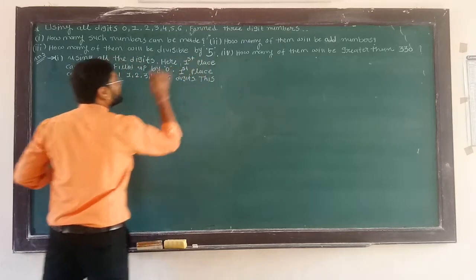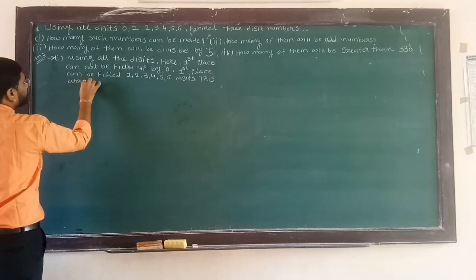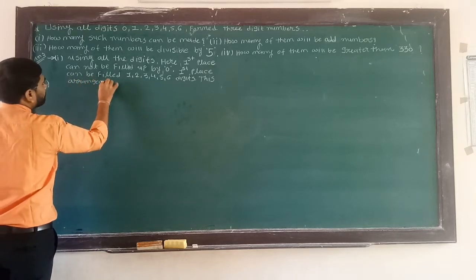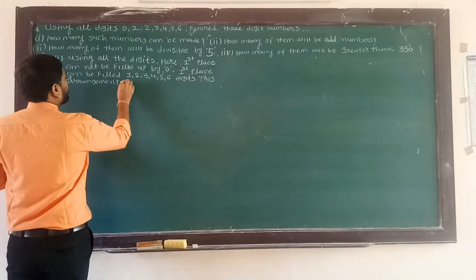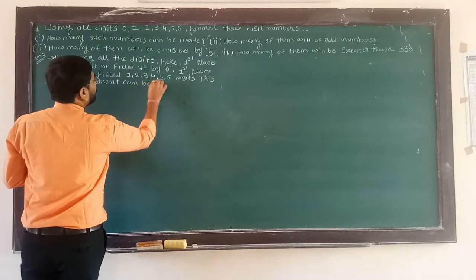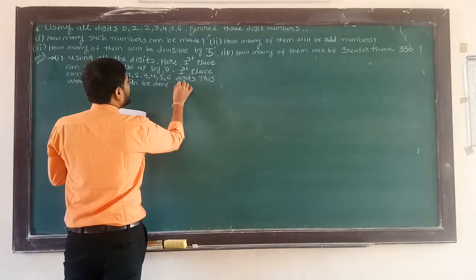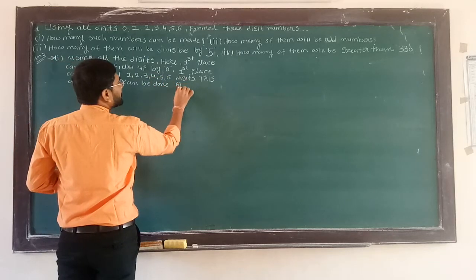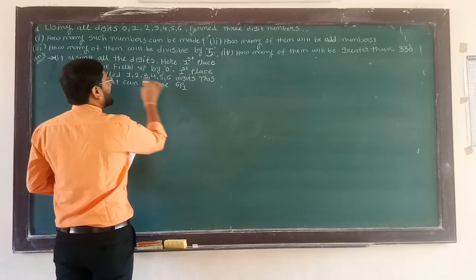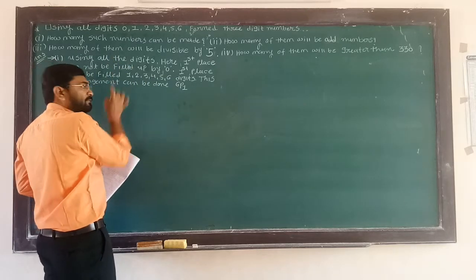So we can get 3 digit numbers. This arrangement can be done. How many numbers? 1, 2, 3, 4, 5 or 6. 6P1 ways. Out of 6 numbers, any number we can put at the first place.